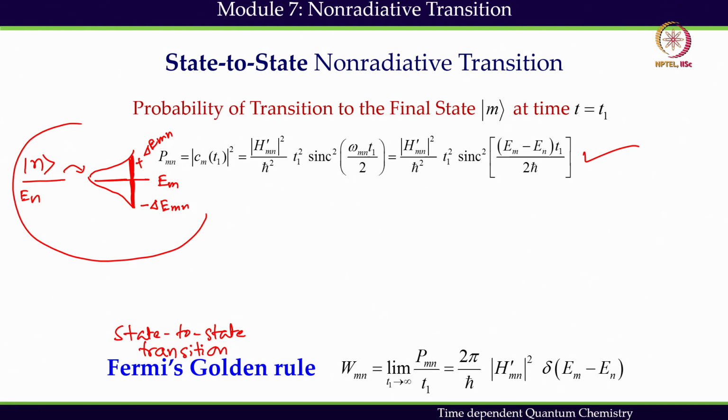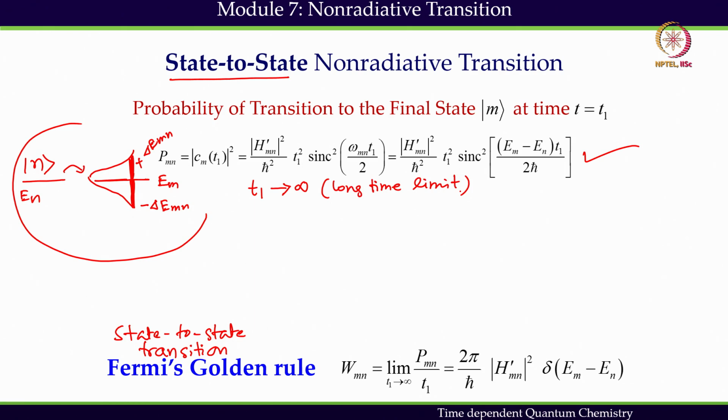And if this state to state transition is going on, then one can take one particular limit. This is a mathematical limit we are taking: T1 tends to infinity. What does it mean? It means that I am allowing the system to interact for a long time. I am using the long time limit.